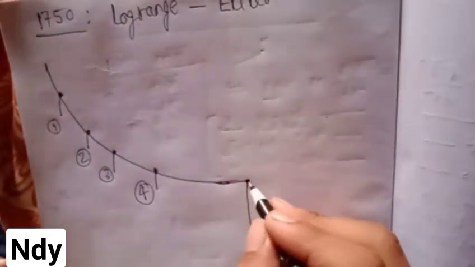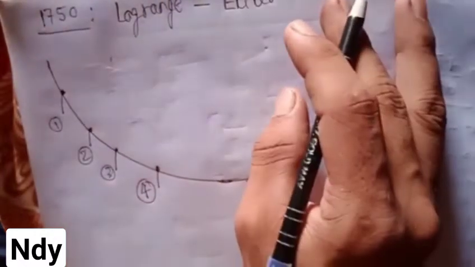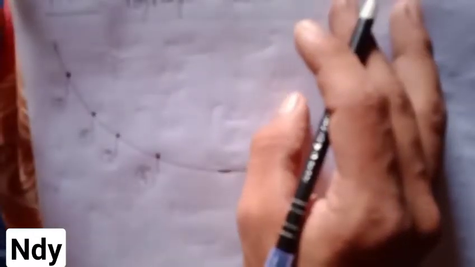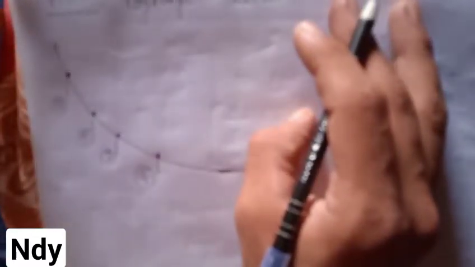So if we leave all these balls at the same time, then these balls will leave the curve at the same time. Such a curve is called a cycloid. Lagrange and Euler made this; such curves are called tautochrone, and this problem is called the tautochrone problem or isochrone curve.